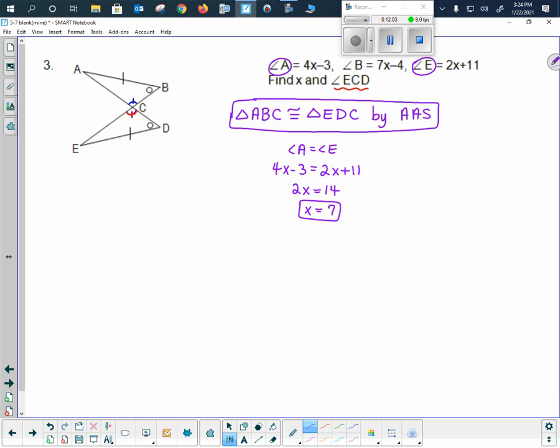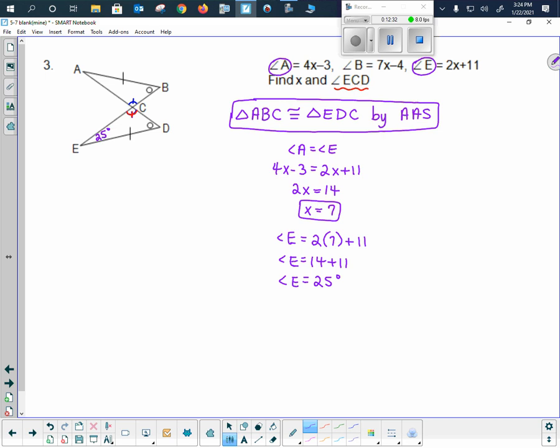So I noticed they gave me angle E up above, right? We had the expression for that. So it's 2x plus 11. So 2 times 7 that we got for x, plus 11, would give me angle E equals 14 plus 11. So we're looking at 25 degrees. Go ahead like we've done before and put that in the picture. 25 degrees.